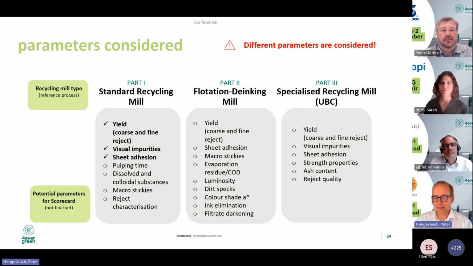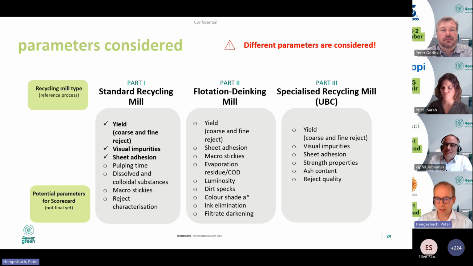So as you learned earlier, there are three different parts we have set up in this work in 4evergreen. The first is the standard mill, which is already included in the beta release of the evaluation protocol, where we have some parameters included, like the yield, the visual impurities, and the sheet adhesion. But there are also more parameters that have been discussed within these expert groups, which potentially affect the recyclability.